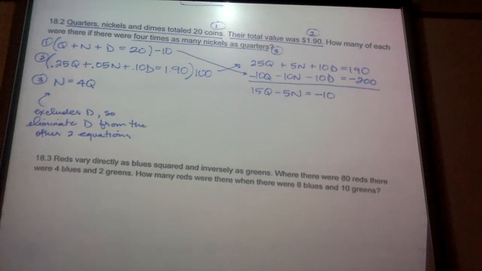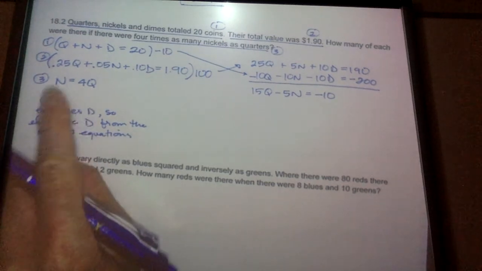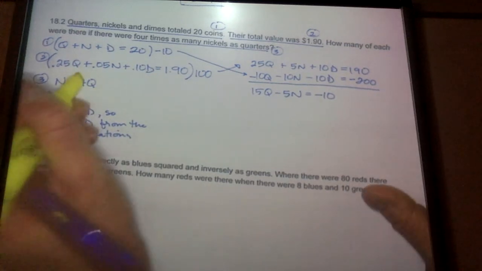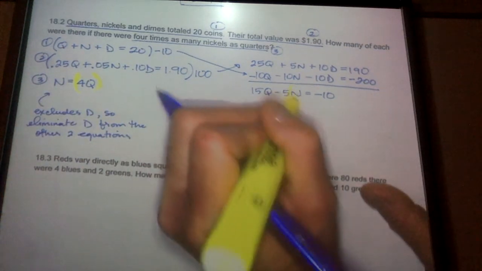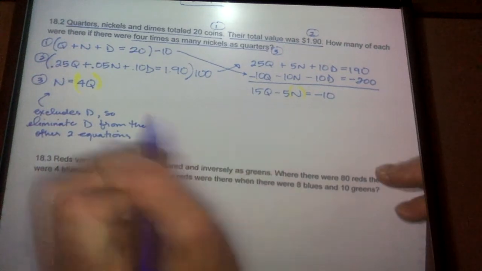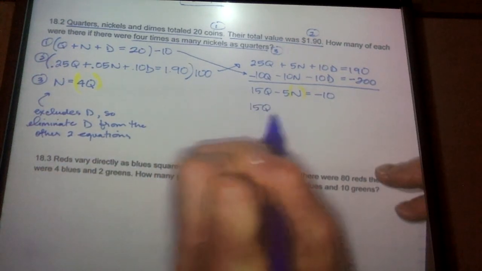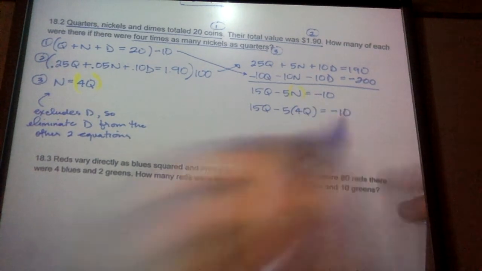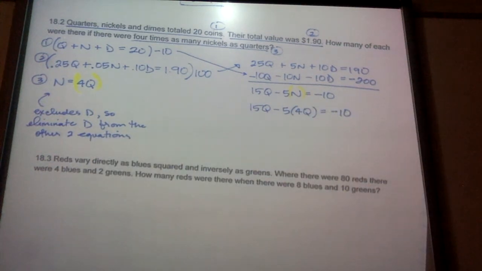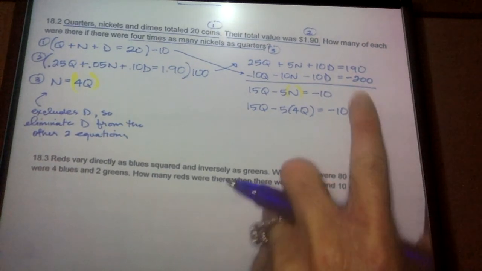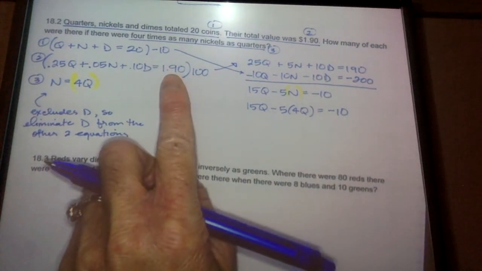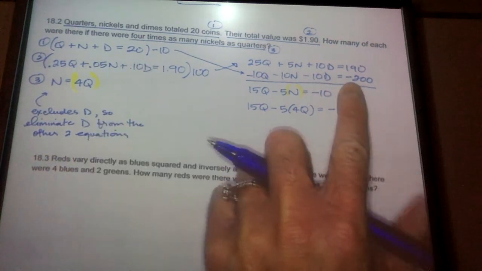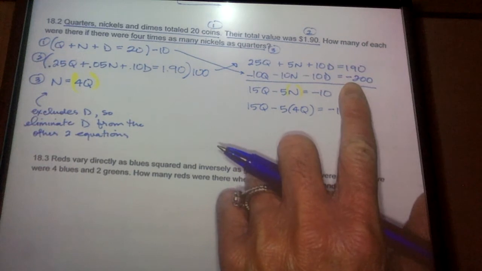Okay, now from here, I'm going to use substitution. I know that N equals 4Q, so I'm going to substitute 4Q in for N. So 15Q minus 5 times 4Q equals negative 10.